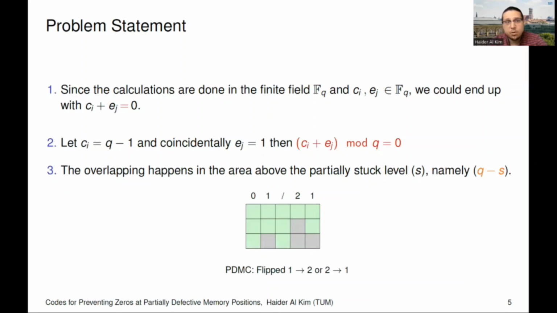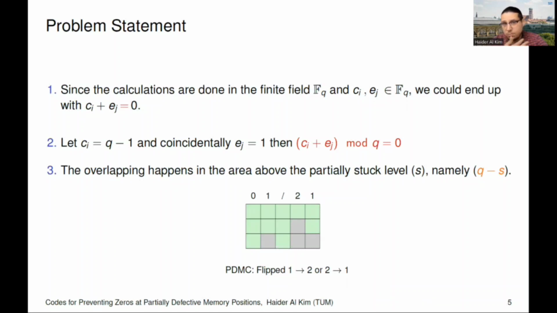In the problem, since the calculations are done in the finite field F_q, and c_i and e_j are in F_q, we could end up with c_i plus e_j equals 0. For example, if we take c_i equal to q minus 1 and coincidentally e_j equals 1, then c_i plus e_j mod q equals 0. This is not allowed for partially defective memory cells. So the overlapping happens in the area above the stuck level cell.